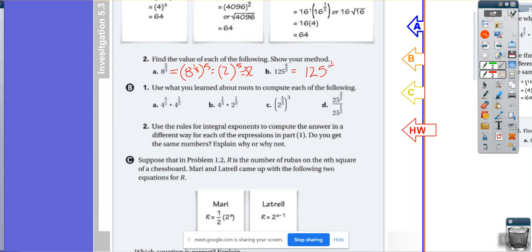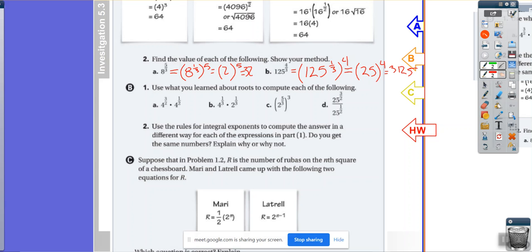And then outside the parentheses would be the 4th power. And then 125 to the 1/3 power is 25. And 25 to the 4th power is 3,125, I think. But I'm not sure because I didn't do this problem.